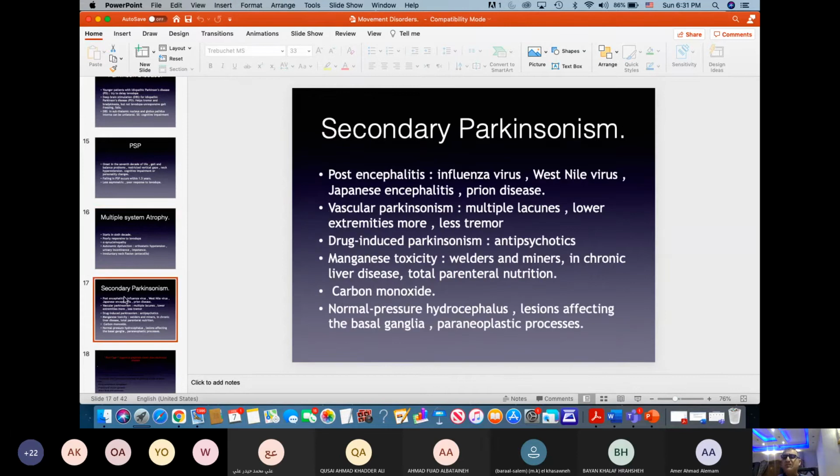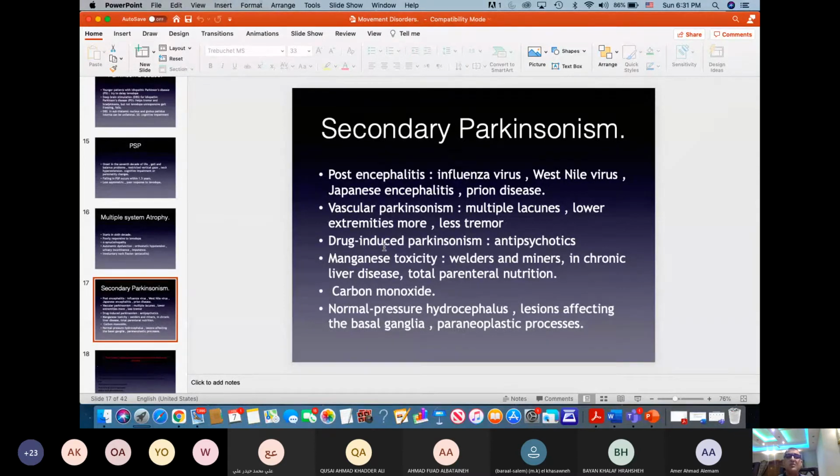Now, we have other entities we call secondary Parkinsonism. The patient would have a disease that ultimately can cause secondary Parkinsonism. There is more than one condition that can cause it. One of them is post-encephalitis, seen with influenza, West Nile virus, Japanese encephalitis, and prion disease. Vascular Parkinsonism is due to multiple strokes, typically lacunar strokes deep in the basal ganglia.